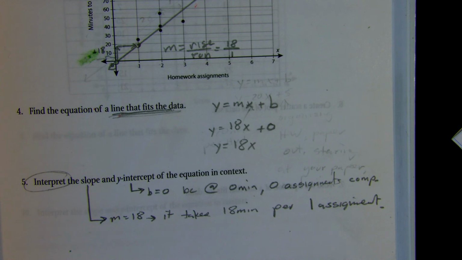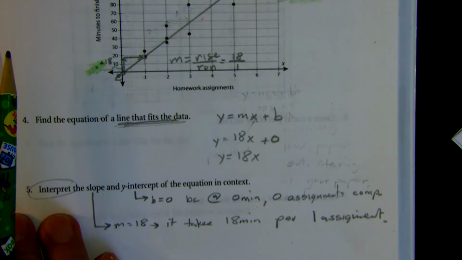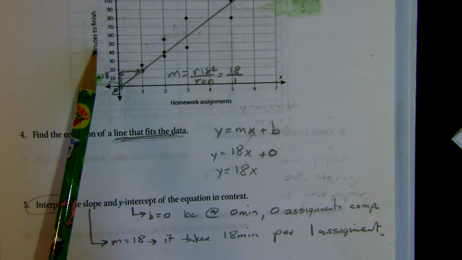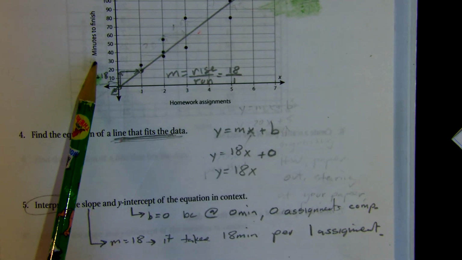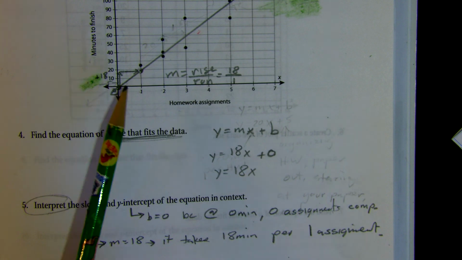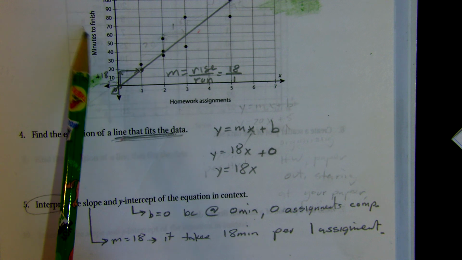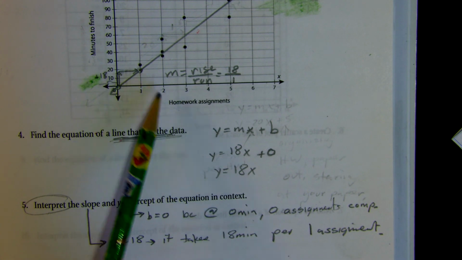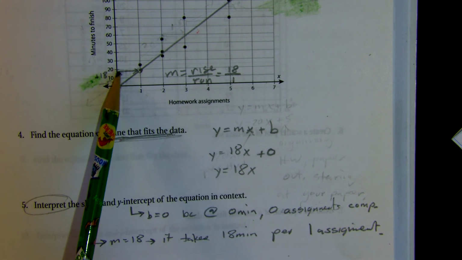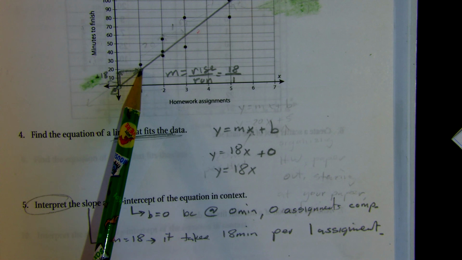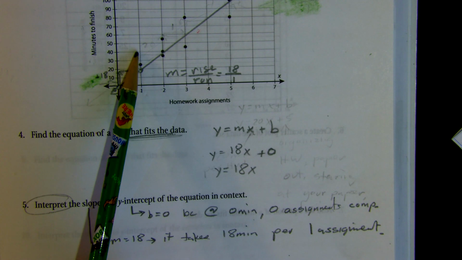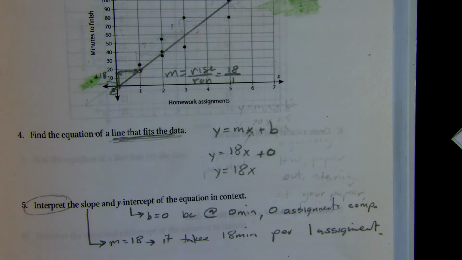But we just have to recall that it depends on the units, right? This is saying a rise, number of minutes, over run, number of assignments. So rise is 18 minutes per one assignment. Then we'd go up another 18 minutes for my second assignment, and so on.